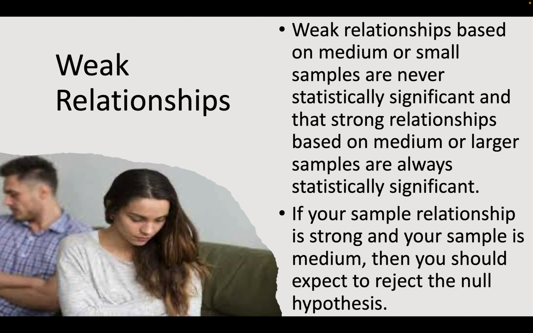Weak relationships based on medium or small samples are never statistically significant, and strong relationships based on medium or larger samples are always statistically significant. If your sample relationship is strong and your sample is medium, then you should expect to reject the null hypothesis.